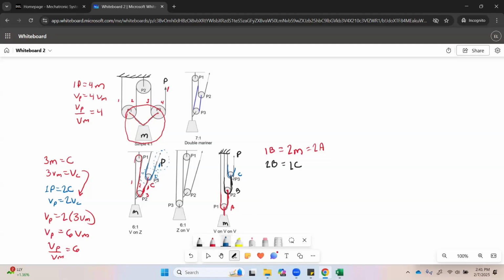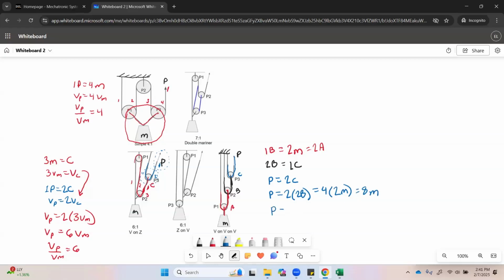And then now finally for the blue at point C, this is comparing to P. So P up here just has 1 rope on it, and then there's 2 ropes pulling up at pulley C. So let's put these all into one equation. We'll have P equals 2 times C, which is 2B, equals 4 times B, which is 2M, equals 8M.